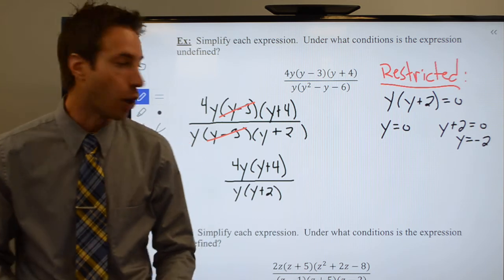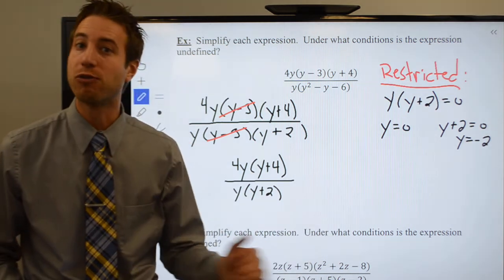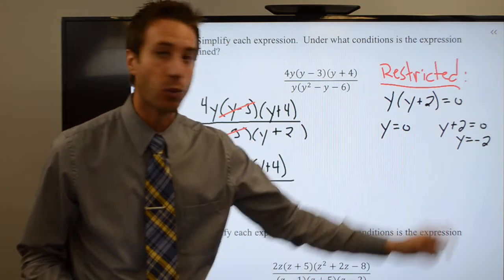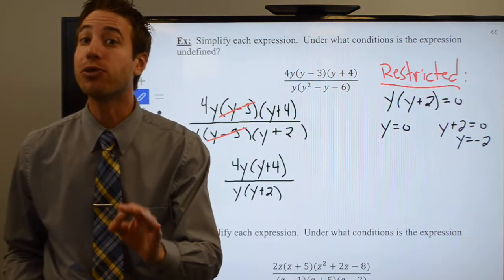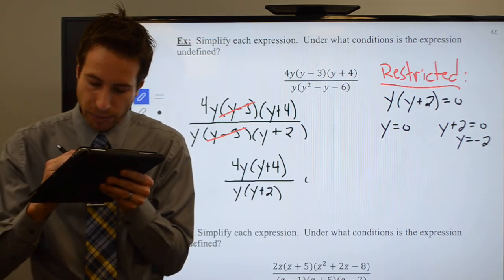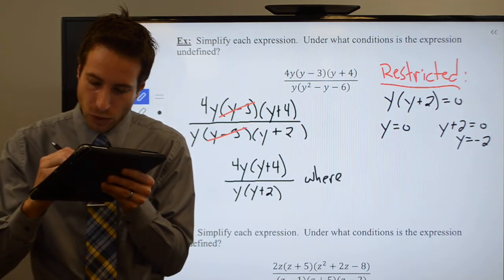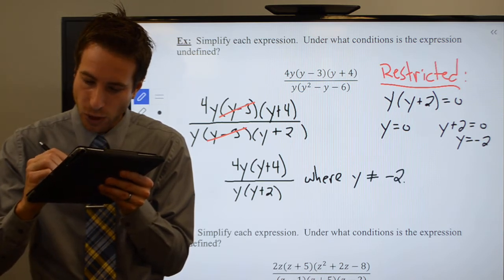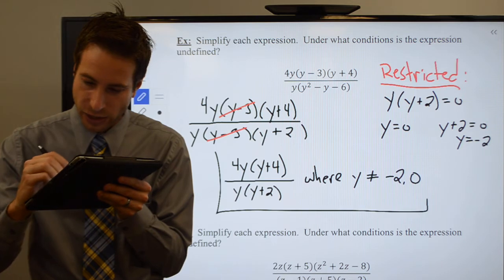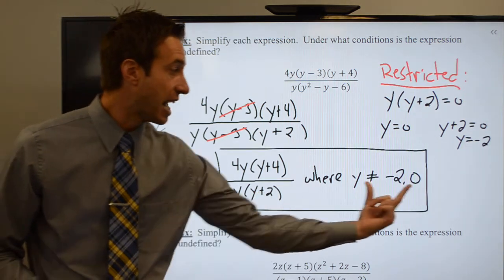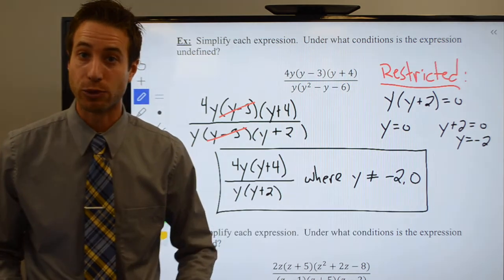And so what I know is that I can pick any value of y that I want, pick any number at all, except y equals 0 and y equals negative 2, because both of those choices will give you 0 in the denominator. So we'll just simply put then where y cannot equal negative 2 or 0. And that is going to be your simplified rational expression and telling me what my domain restrictions are.